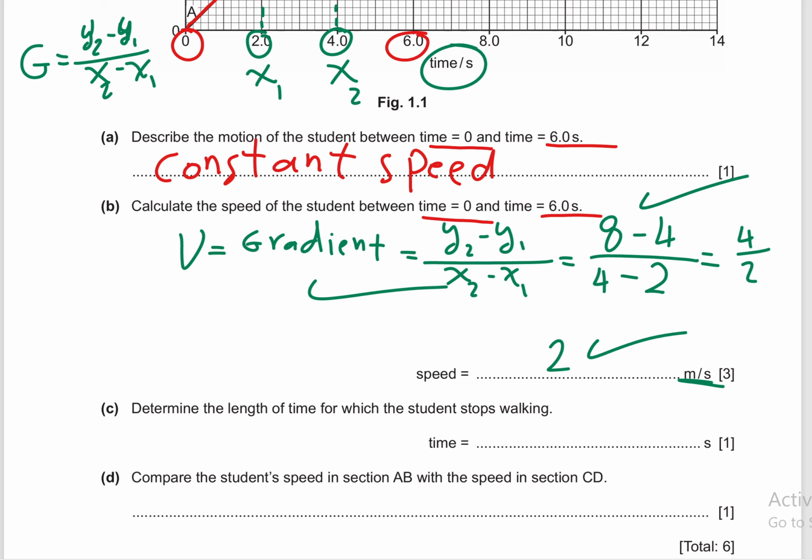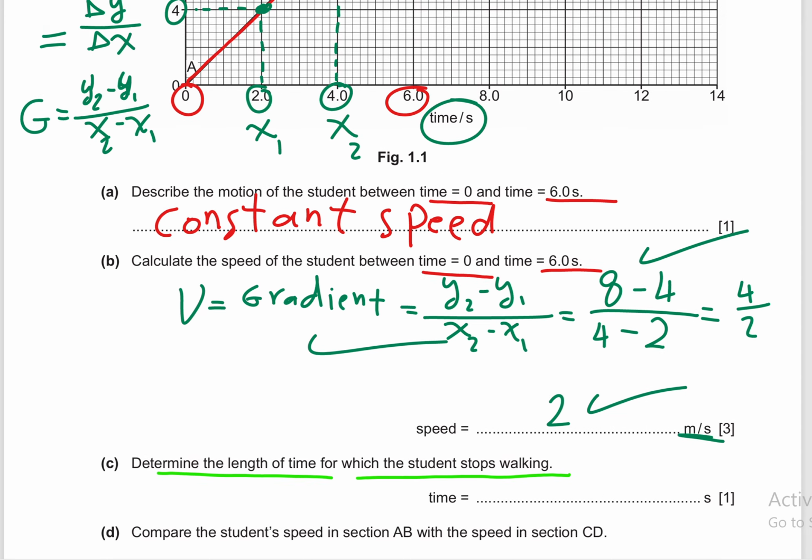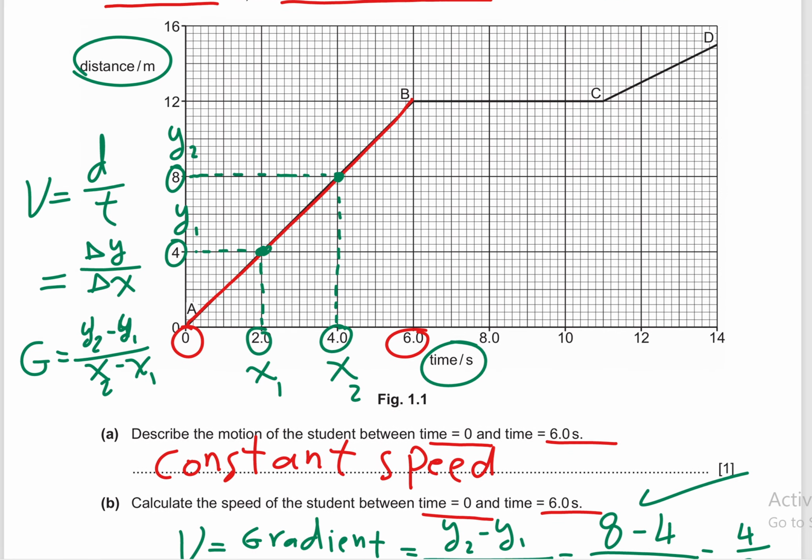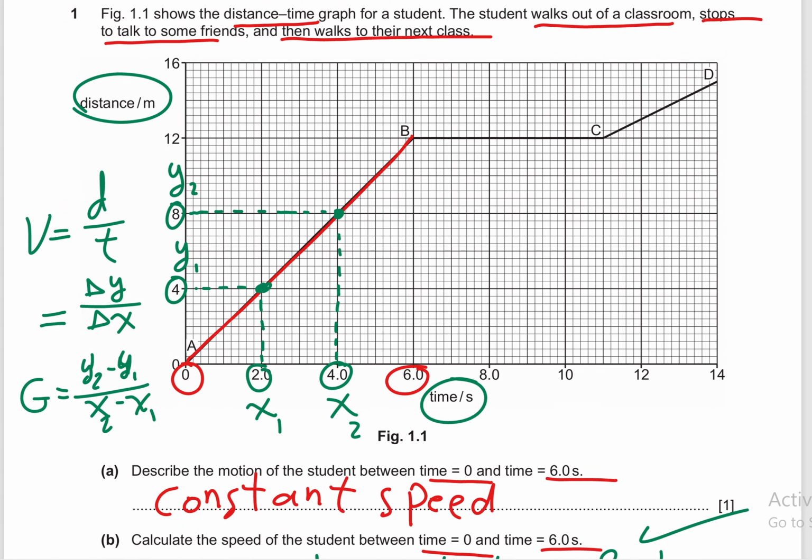Now, in part C, they say determine the length of time for which the student stops walking. How long the student stopped walking. Notice from the graph, in part BC, the student actually stopped walking. How do I know that? Because it is the same distance.